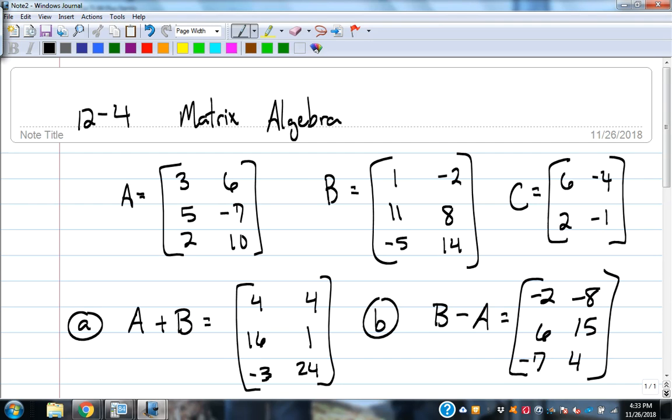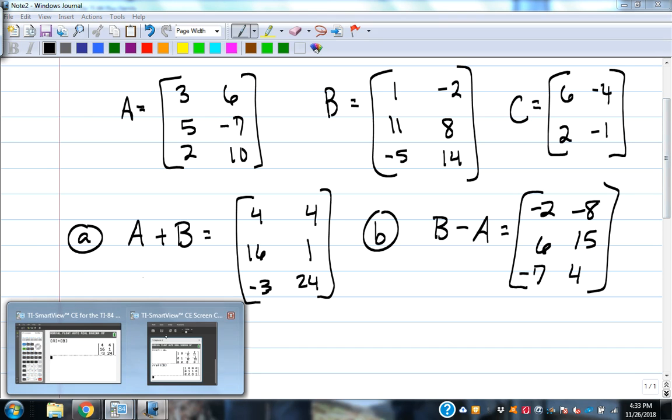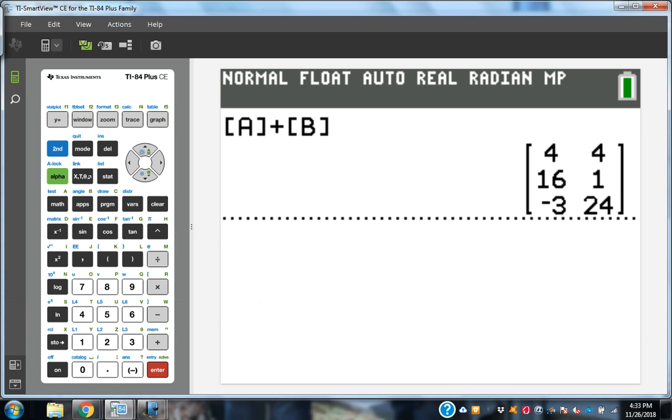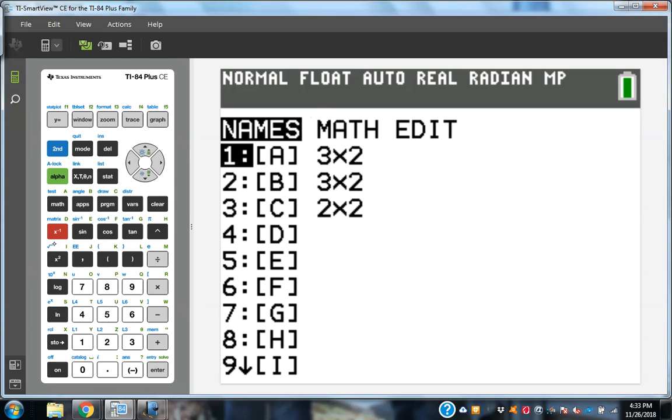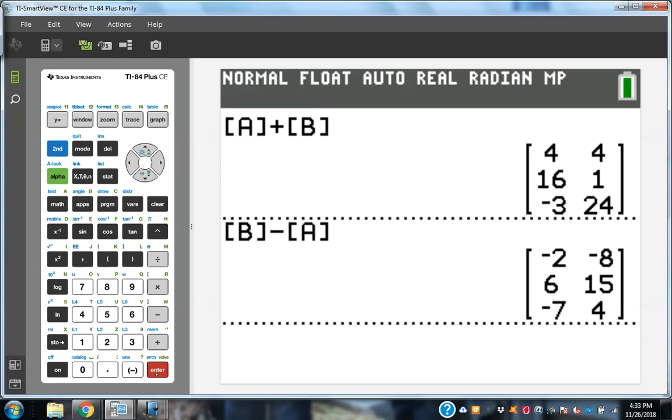Addition, subtraction, I generally do that by hand. I hardly ever do it with the calculator, just because it takes too long to type it in. But if you already had them typed in, B minus A, and there you get the same answer. So you can always check with the calculator.